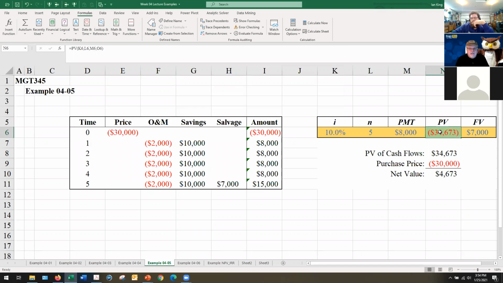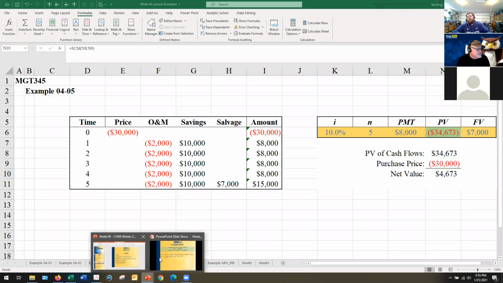Whereas doing it manually on the factors, you have to do the final salvage value and the annuity part separately. But I'm getting even payments, so I can put the payment in there. The future value is that $7,000 at the end of it. And that gives me this present value of 34,673, which I have to take away from, take away the purchase price to get that 4673.